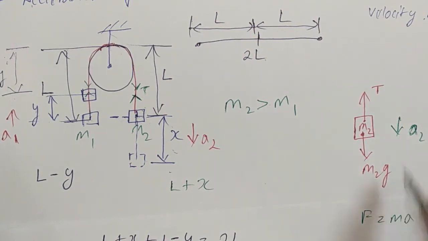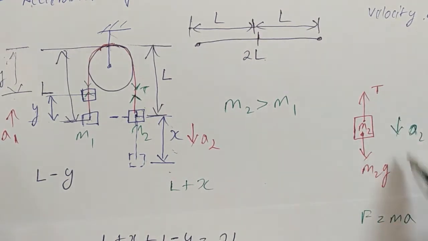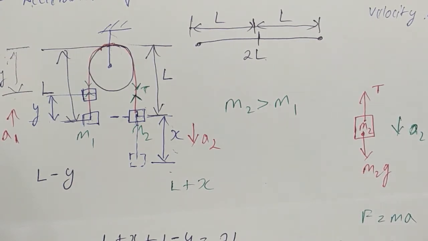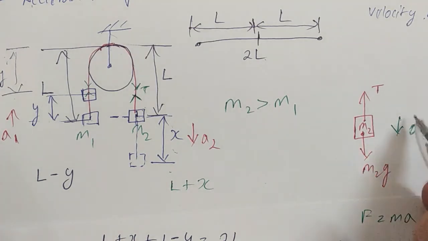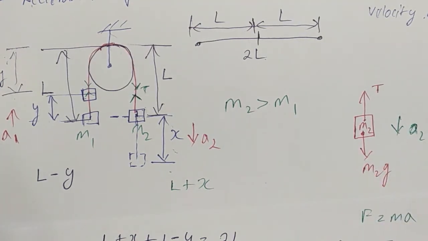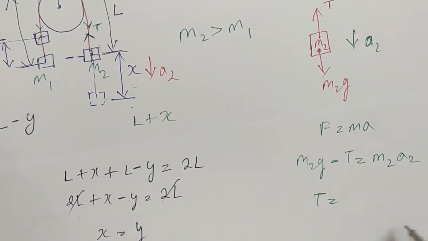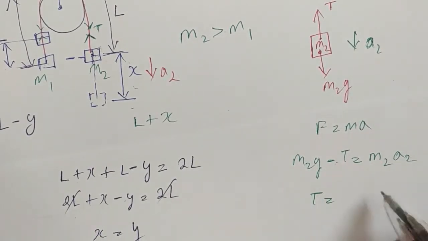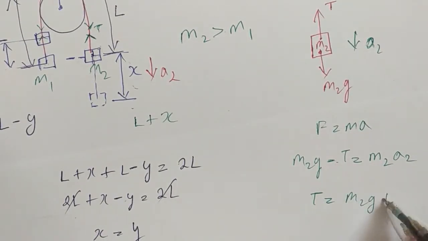It is accelerating in this direction, so we consider this first: m2g minus T is equal to m2 a2. So you can directly find the value of T: take T to that side, T equals m2g plus m2 a2.